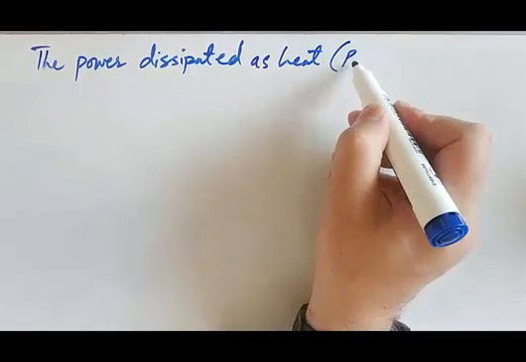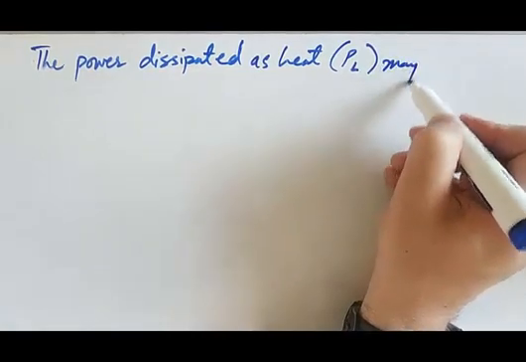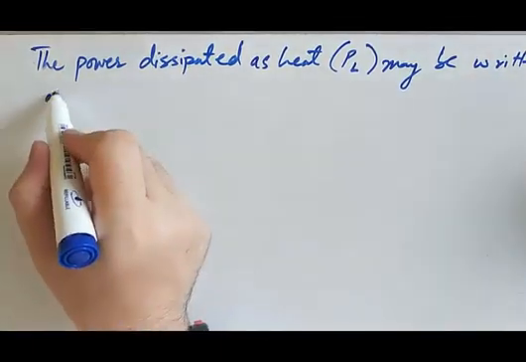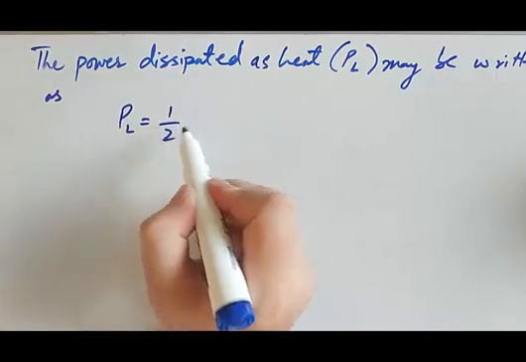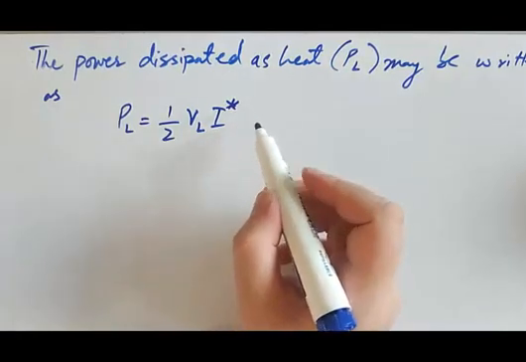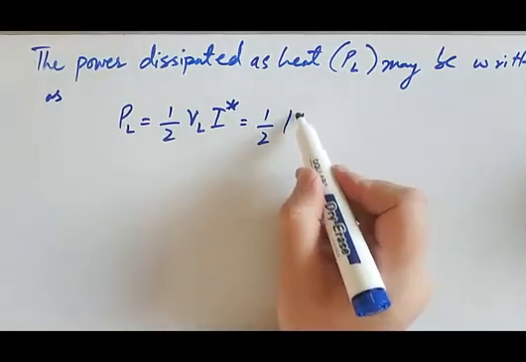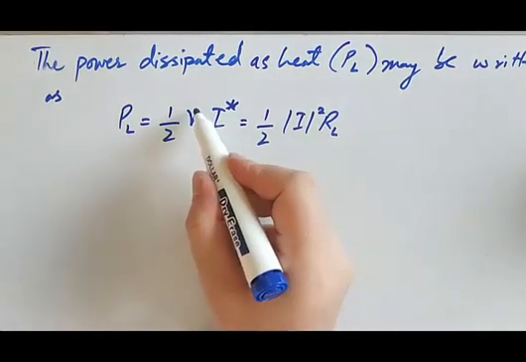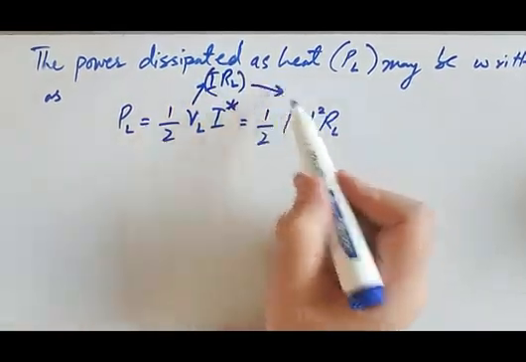That can be represented as PL, where L shows the loss, and it may be written as PL is actually equal to half of VL and I star, where star denotes the complex conjugate. So likewise it can also be written as half |I| squared RL, now, because VL can be written as I RL. So this gives us this equation.